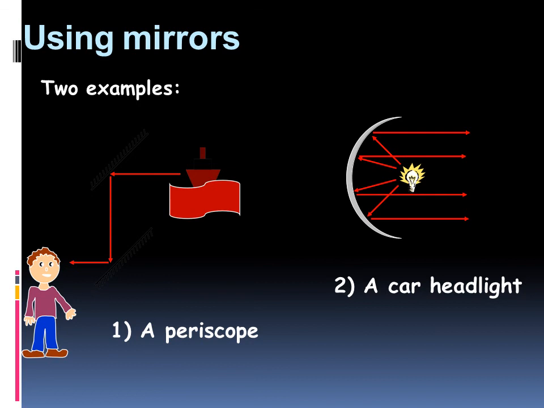Even they are also used in periscope to see the objects which are above us, as for example in submarines. Then mirrors are used in car headlights, or in different vehicles also, to see an object which is at the rear or which is at the front.